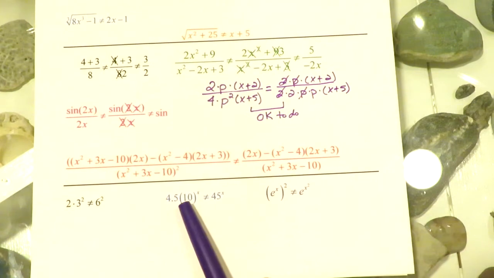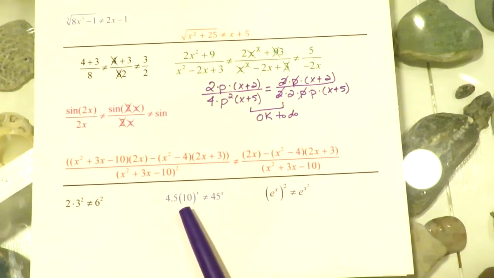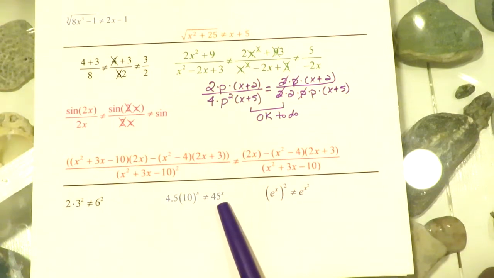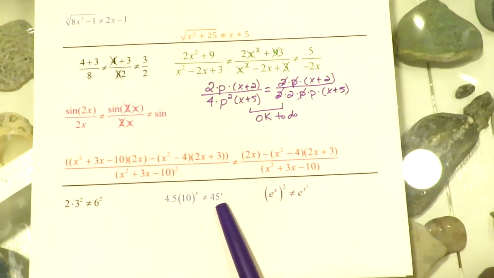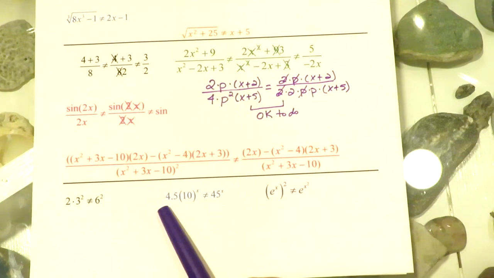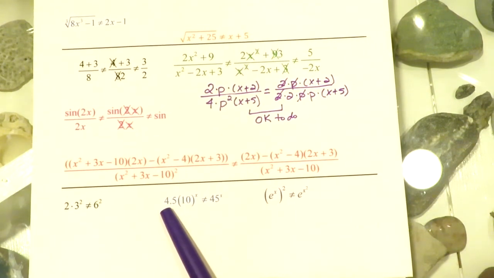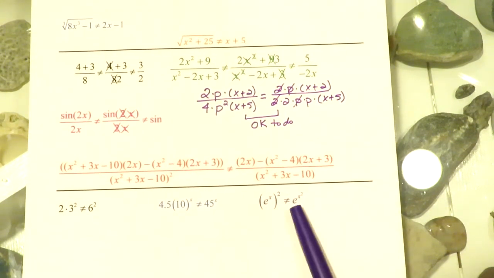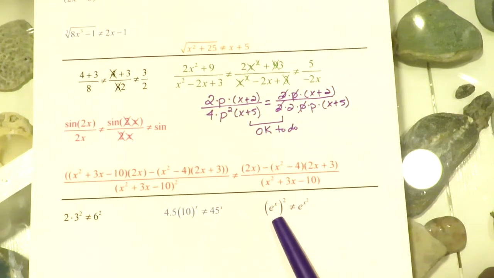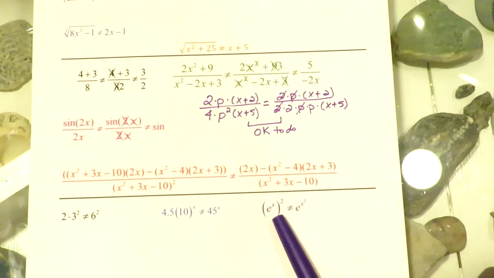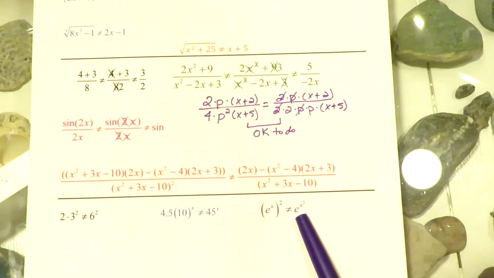So 4.5 times 10 to the x is just going to stay 4.5 times 10 to the x. It's not going to turn into 45 to the x, because the 4.5 is not being raised to the x, just the 10 is. And over here, e to the x being squared is not e to the x squared.